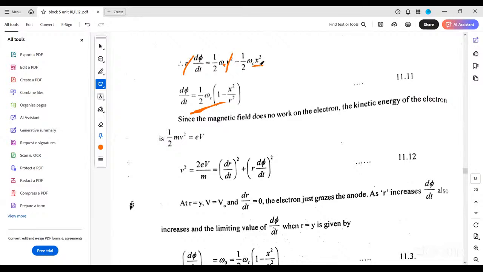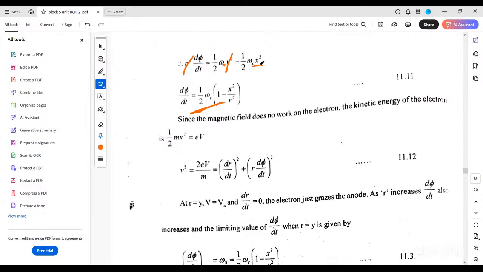After making 1/2 omega c r square common, you will get 1 minus x square by r square. Then you cancel it. R square d5 by dt, this LHS and RHS cancel. And finally, what we got: d5 by dt equal to 1/2 omega c times 1 minus x square by r square.